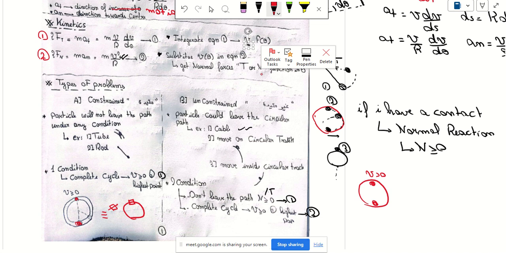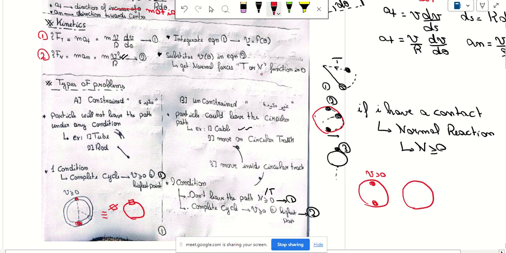No, but what if the particle is moving up, but at this position, let me make it with the green one, at this position, n is equal to negative.